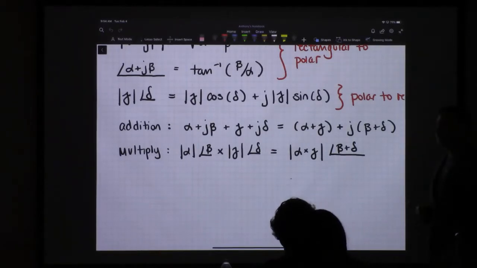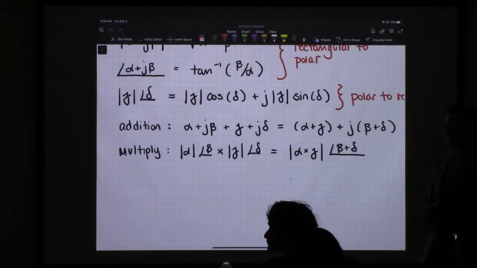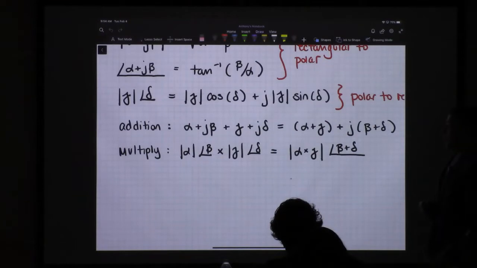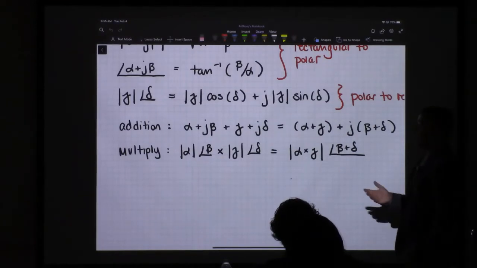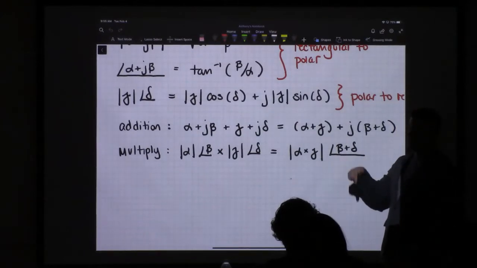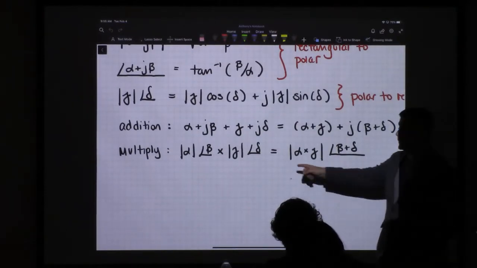Yes? When are we going to be converting from rectangular to polar? Well, if you're doing a problem that requires addition and multiplication, whenever you want to do a multiplication, you're going to have to go from rectangular to polar to get it into this form.